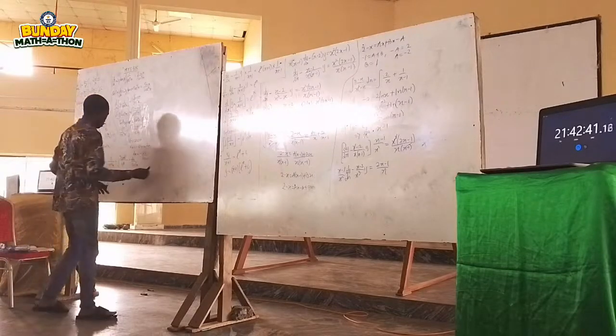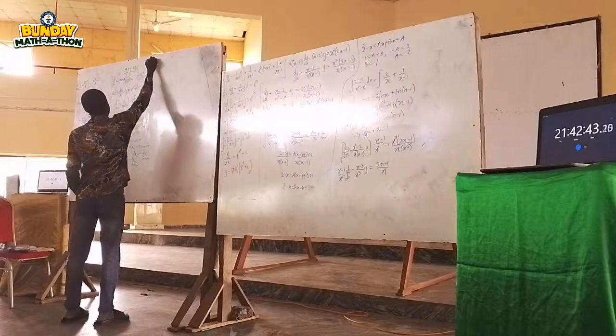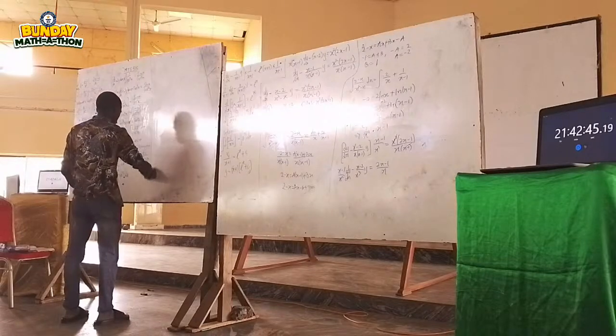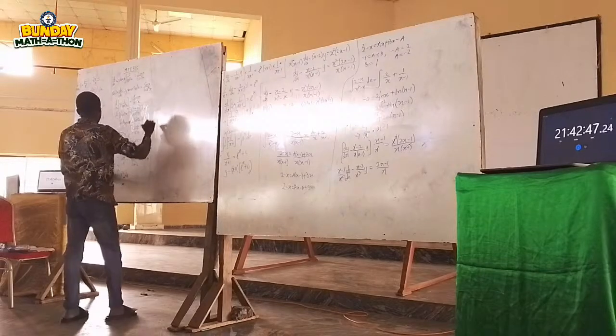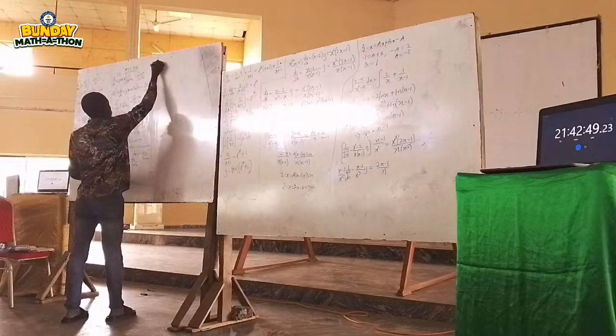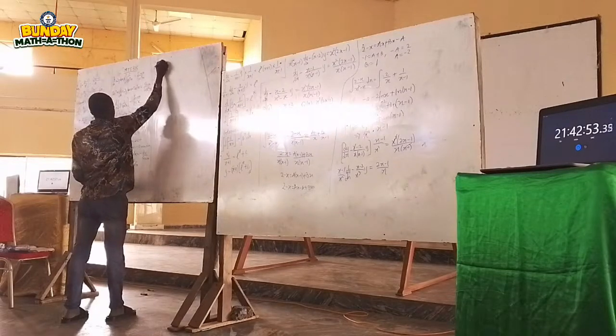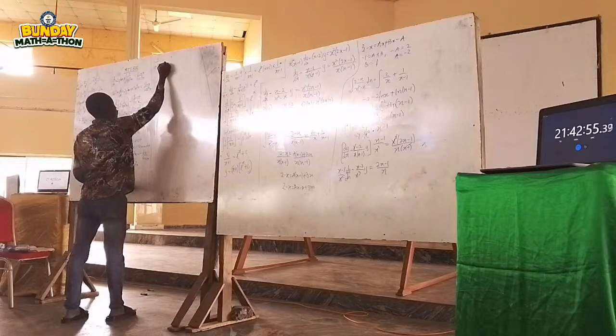So from here, if you integrate this, what do I have here? I have y over cos squared x equals to, now this one should give us what?